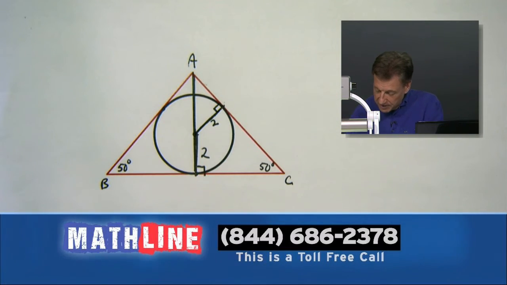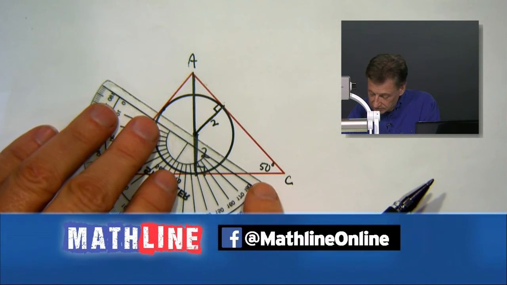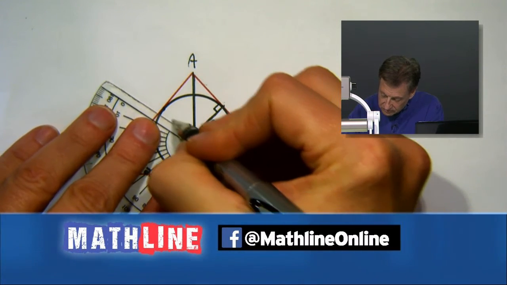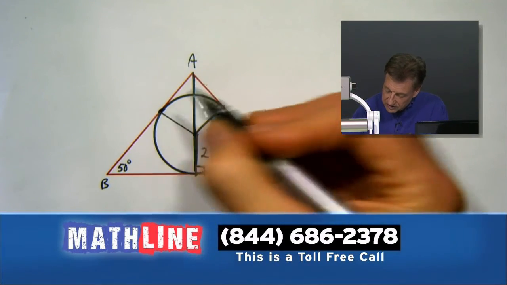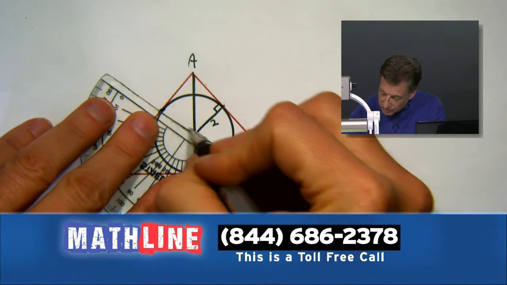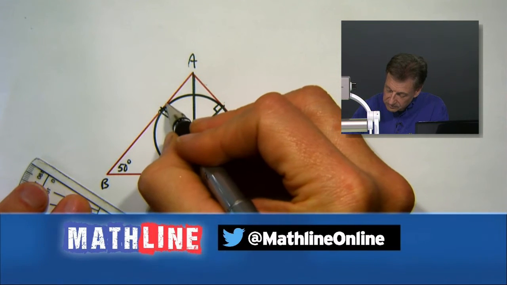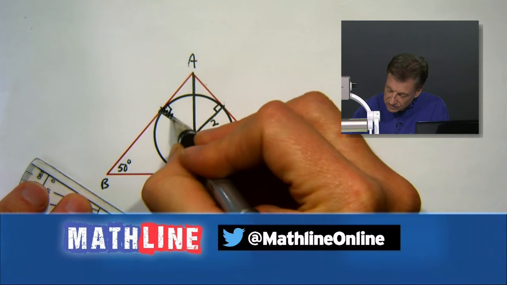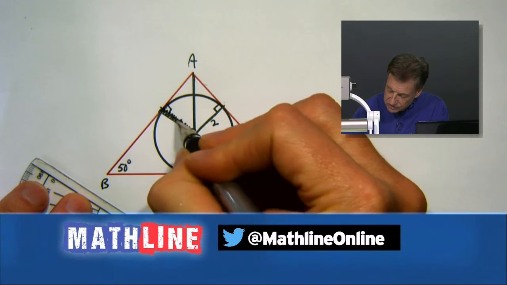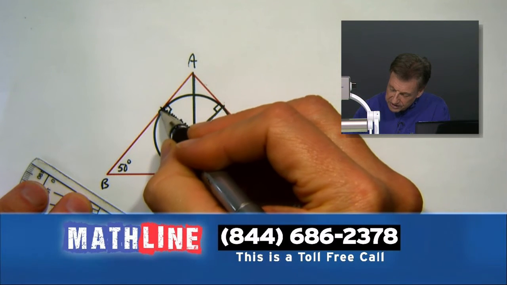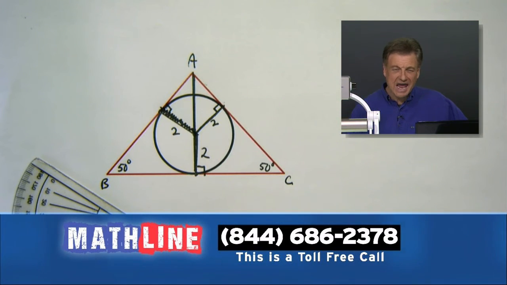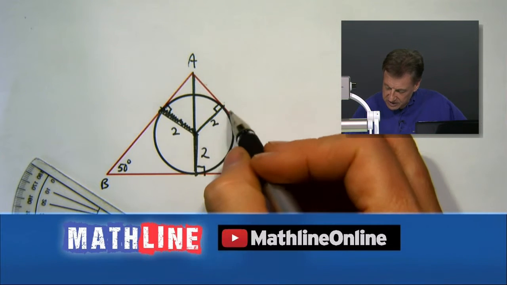And if we wanted to cut back this way, also 2. Because remember, I'm trying to get it to make a perpendicular. There we go. So all of these little radii are 2s, and they all go perpendicular to that side when it becomes a tangent, okay? When the radius and tangent meet together.